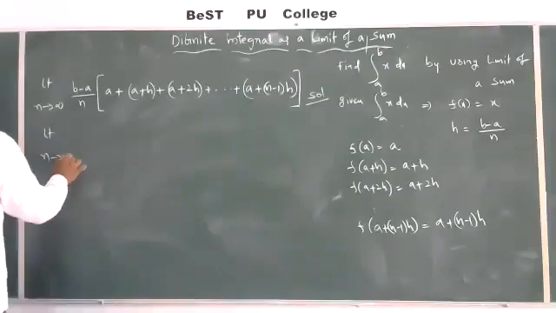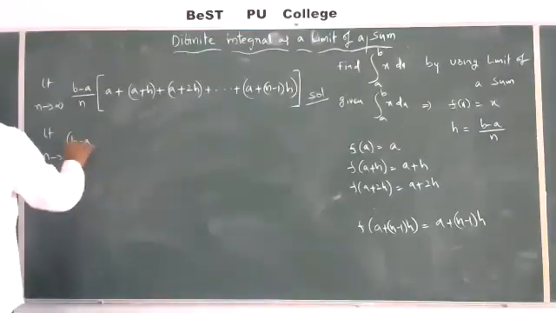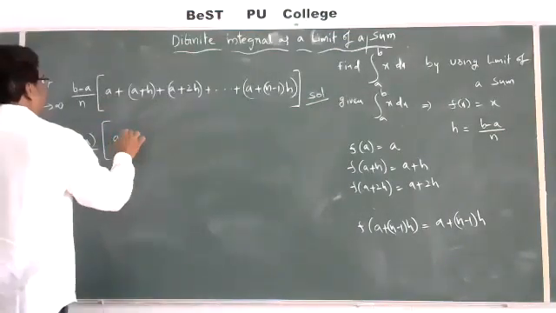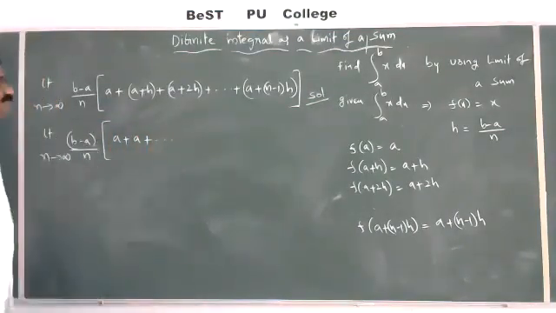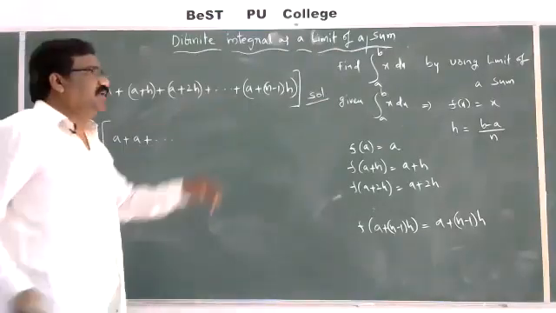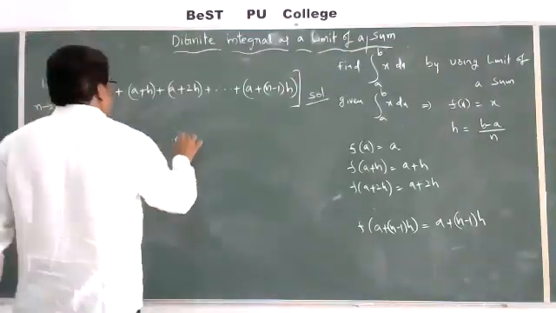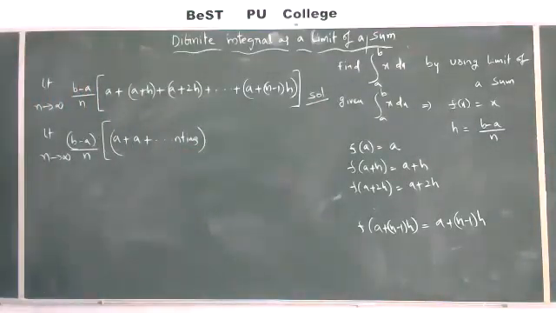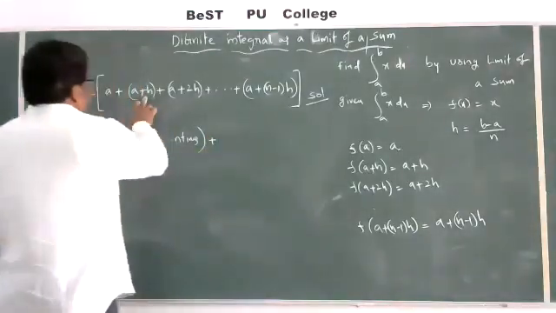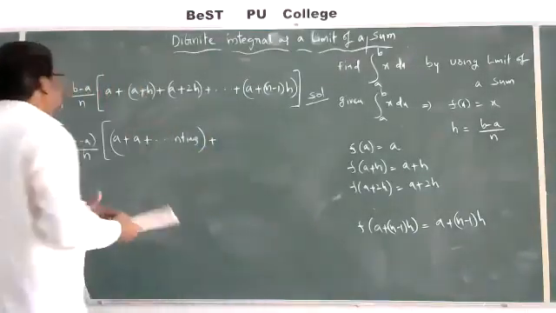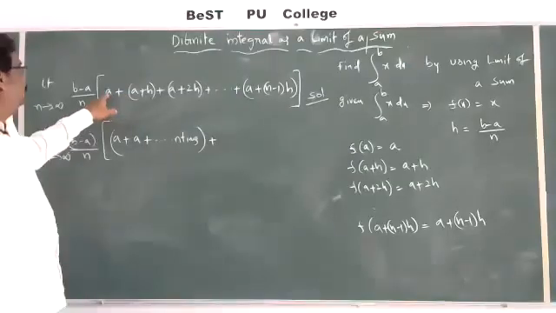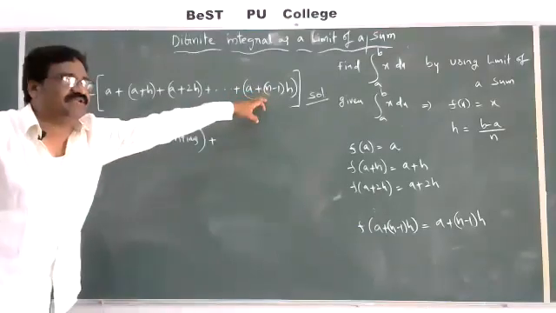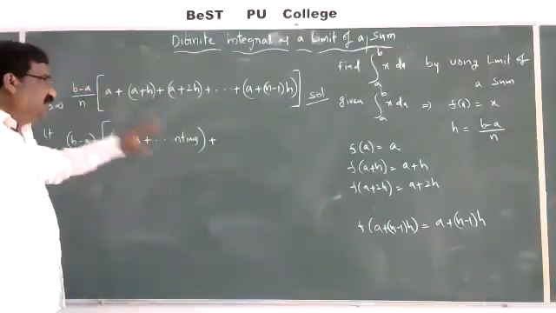So limit n tends to infinity, b minus a by n into the sum: a added up to n times, plus h terms starting 1, 2, 3 and so on up to n minus 1.